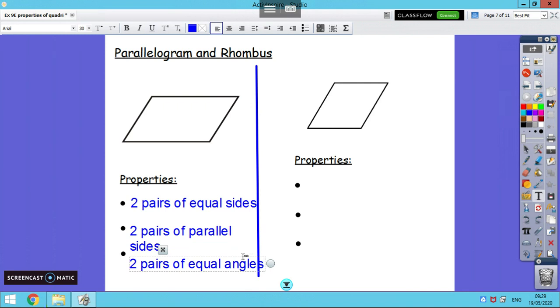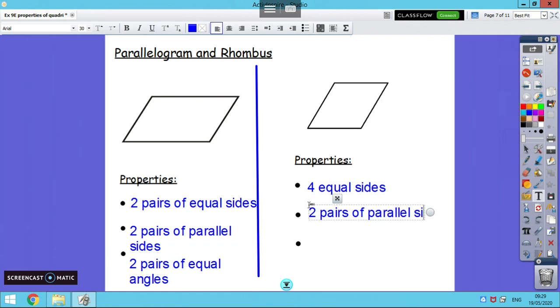I'm going to put that on the row below. Now for a rhombus, all the sides are the same length, so it has 4 equal sides. It also has 2 pairs of parallel sides. And then it has 2 pairs of equal angles.